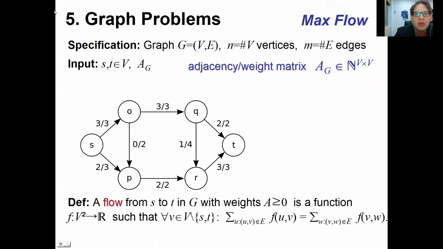So the input is a directed graph, possibly with edge weights, and the edge weights indicate the capacity of pipes that can carry some liquid, and the goal is to push as much liquid as possible through this pipe system from the source to the target, while observing the constraints, namely the maximum capacity of each single pipe.